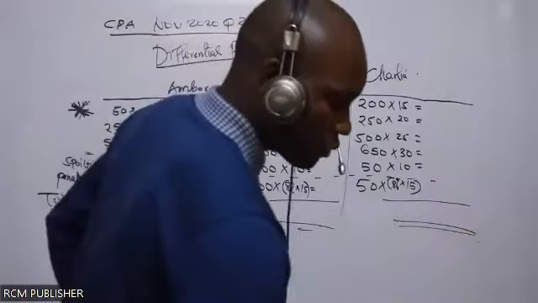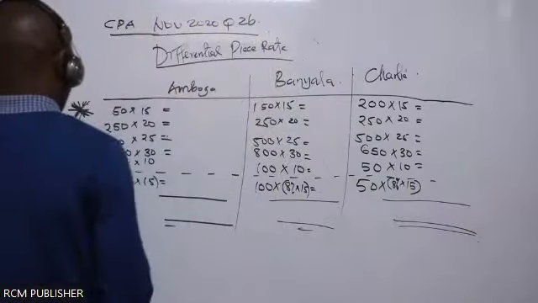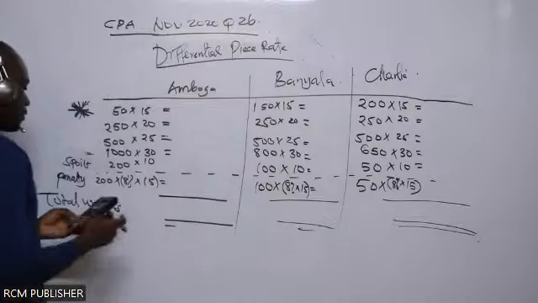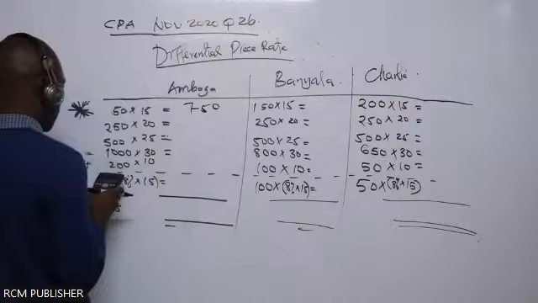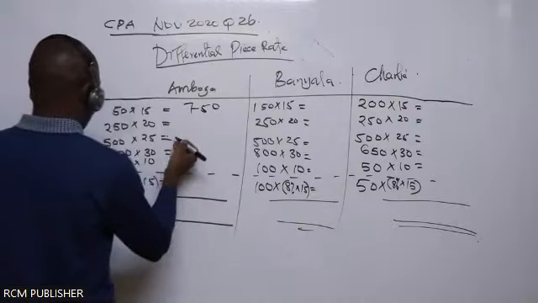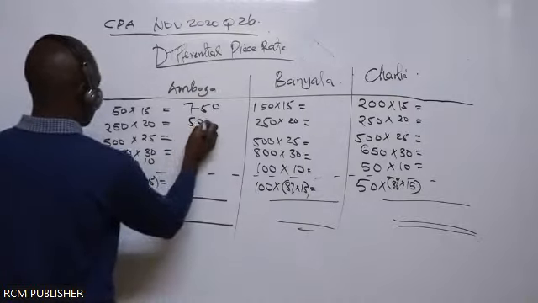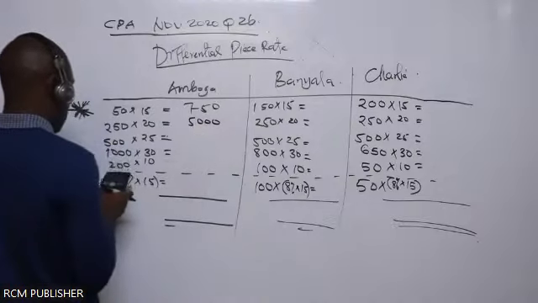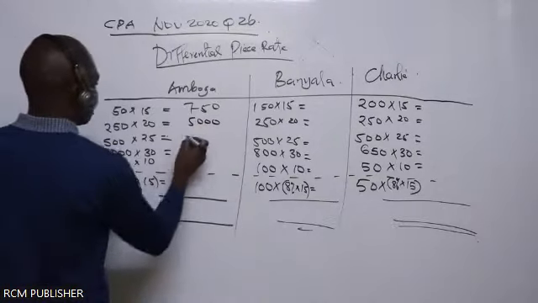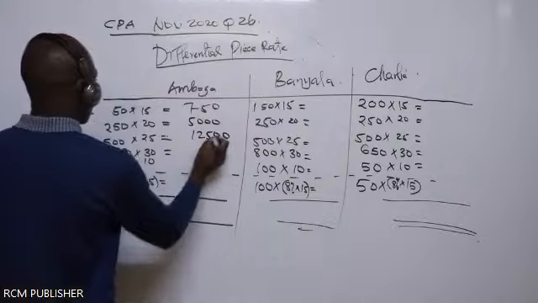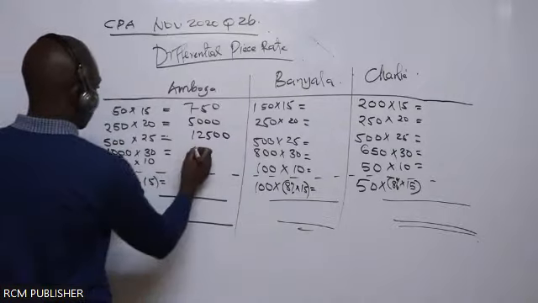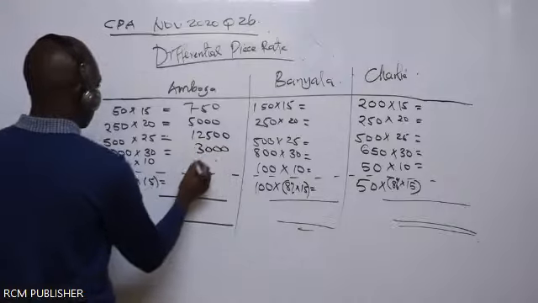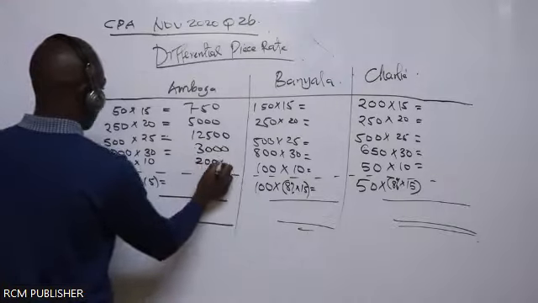payable to these people. So let's now engage our calculators very fast. We are going to have 750. We are going to have 5,000. We are going to have 12,500. We are going to have 3,000. We are going to have 2,000.